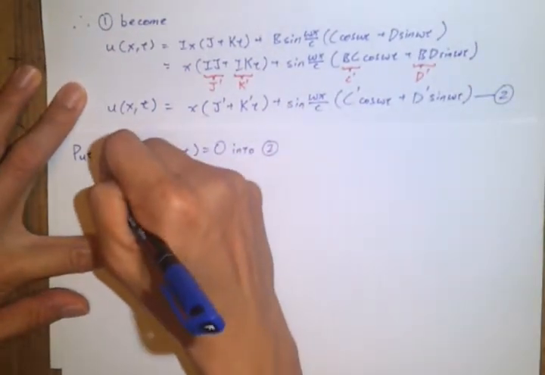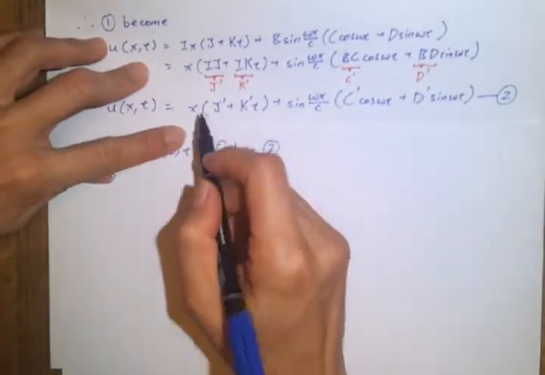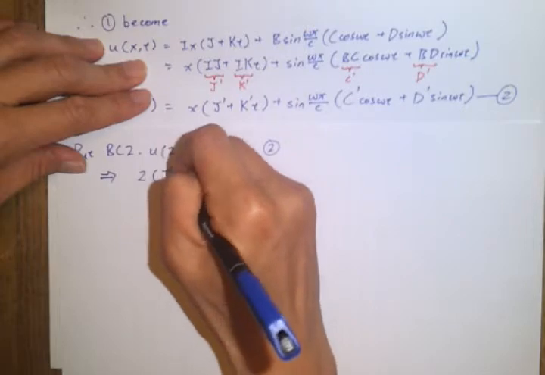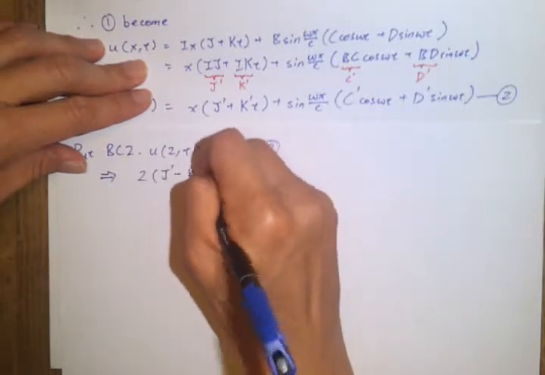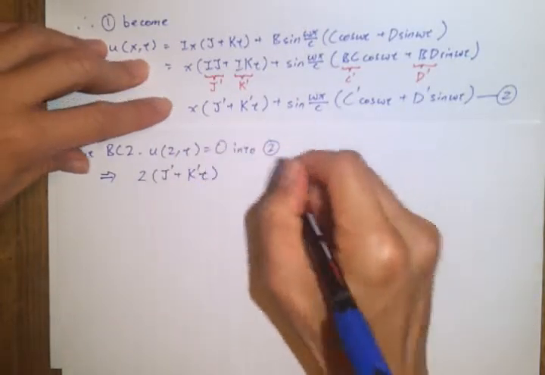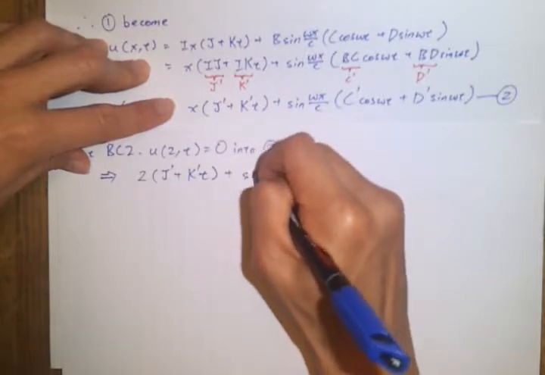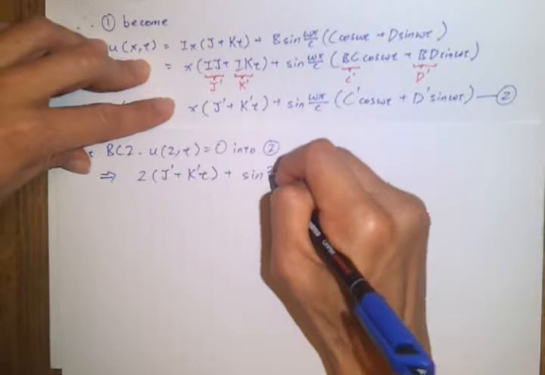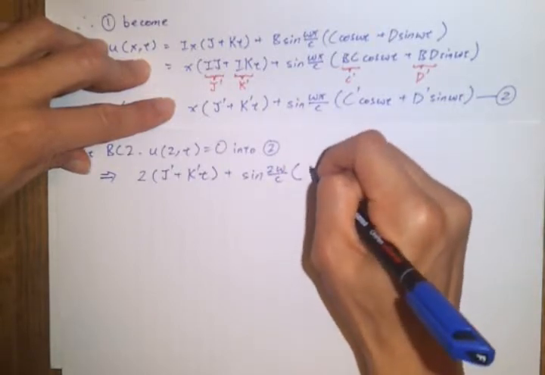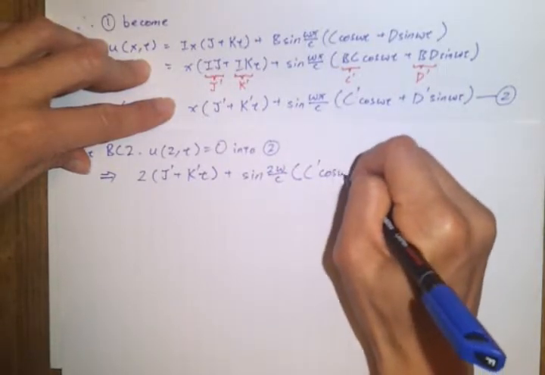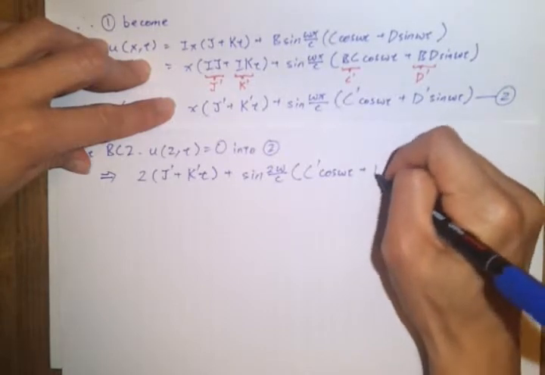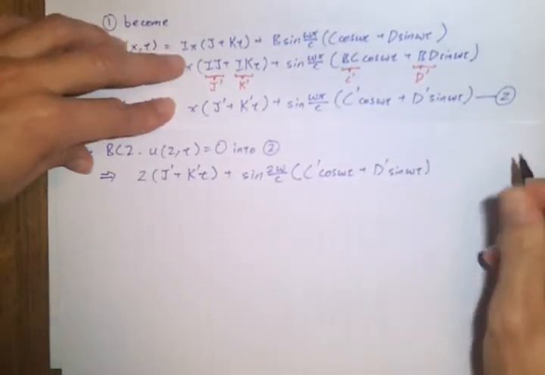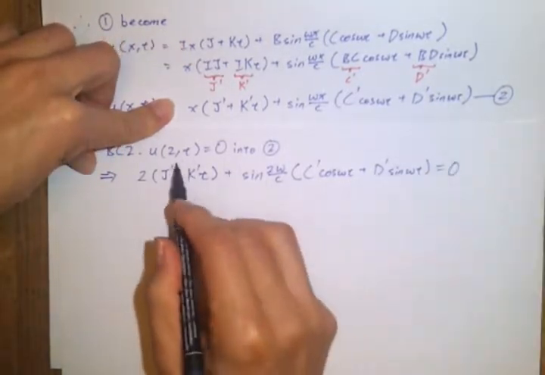Well, x here now becomes 2, so we get 2 j prime plus k prime t plus sine omega x becomes 2 omega over c, c prime cos omega t plus d prime sine omega t, right? And then this must be equal to 0.